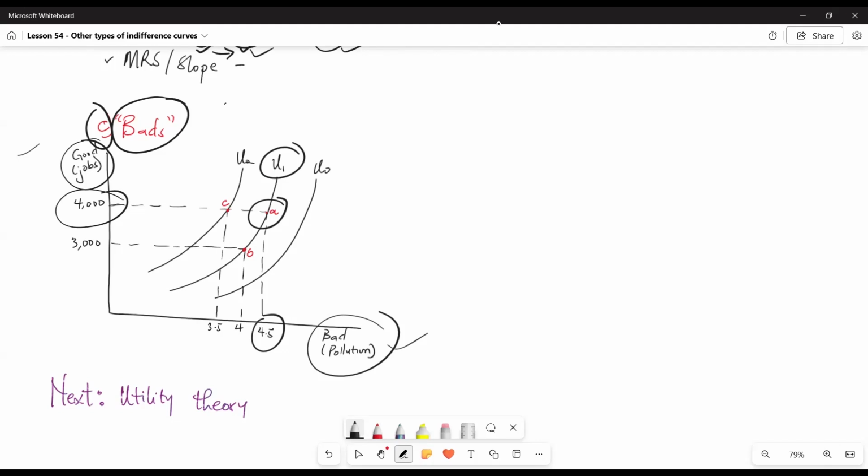Or how many jobs will we need to create to compensate for an increased level of pollution? Here we see that if we move from bundle A to bundle B on the same indifference curve U1, it implies less pollution, which is good. But to achieve that, we have to give up 1,000 jobs.